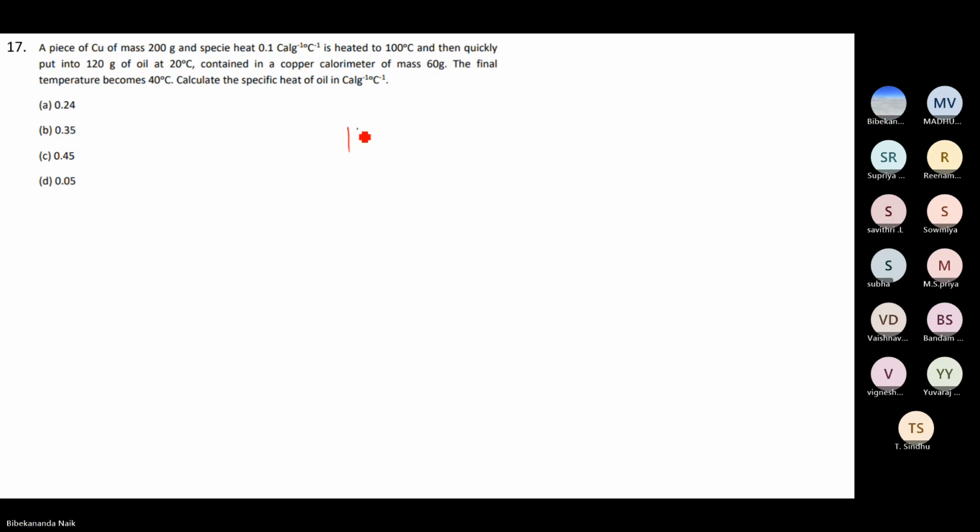Now, heat lost equals heat gained. Heat lost by copper equals heat gained by oil plus calorimeter.